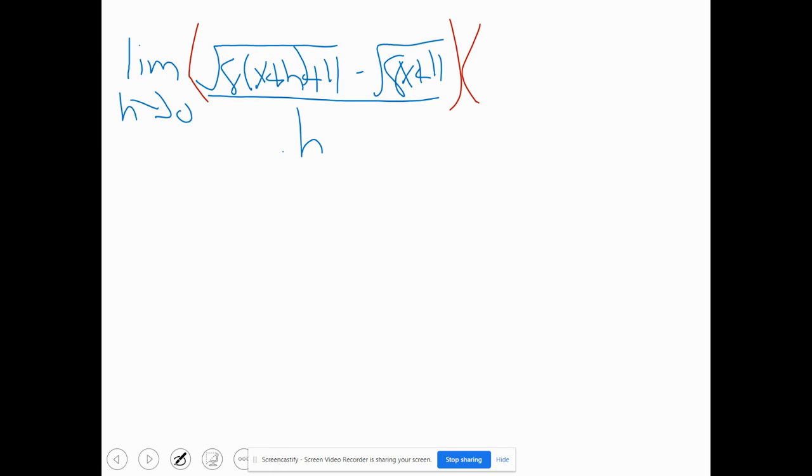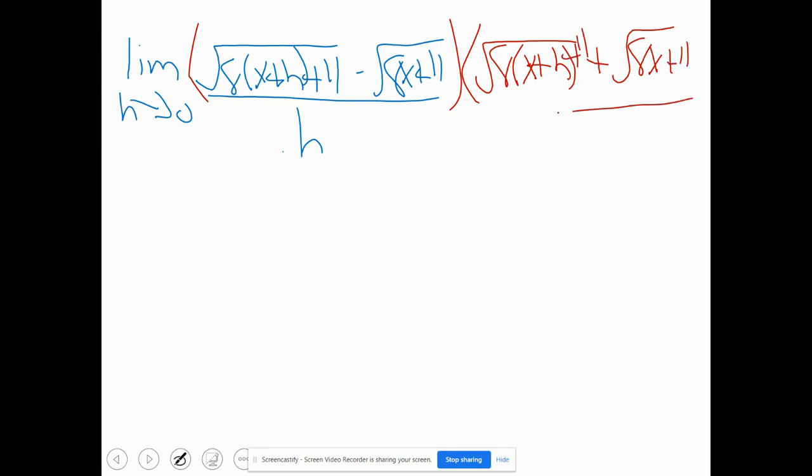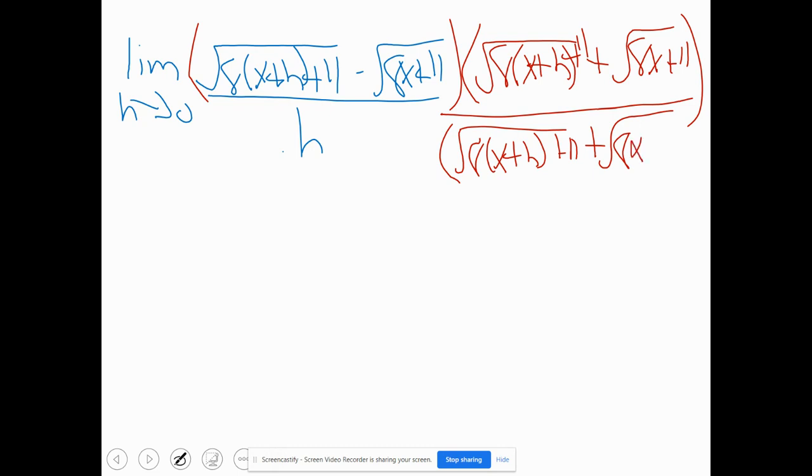Your conjugate would be the square root of 8 times x plus h plus 11 plus the square root of 8x plus 11. Whoop, I lost my plus 11 here, didn't I? All over the same thing.